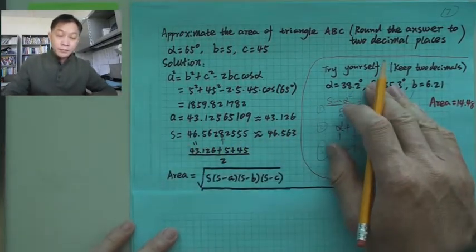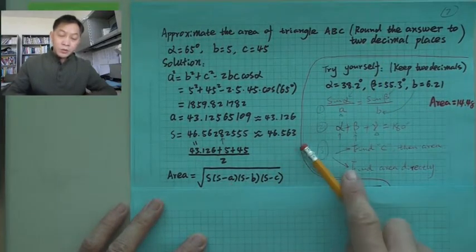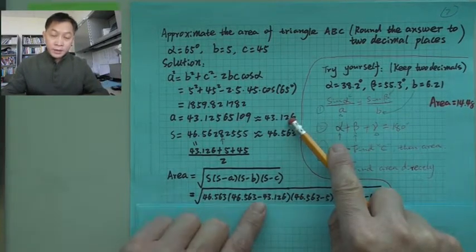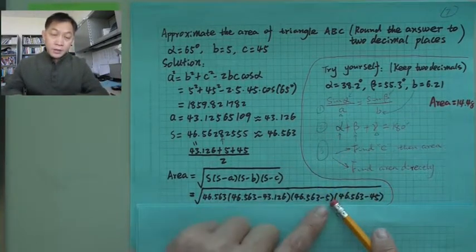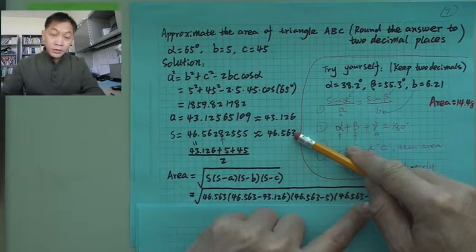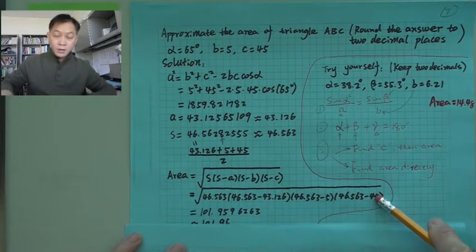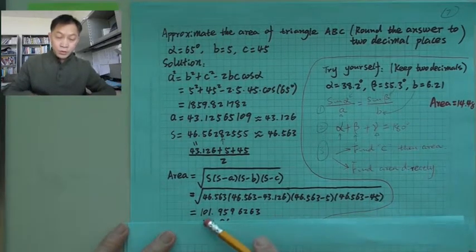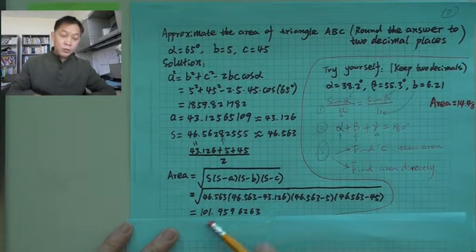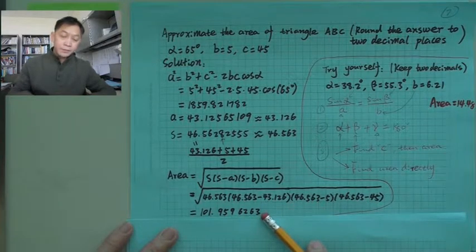And then, using Heron's formula, S times S minus A, and S minus B, and then S minus C, all together, take the square root, and that will be 101.9596263.